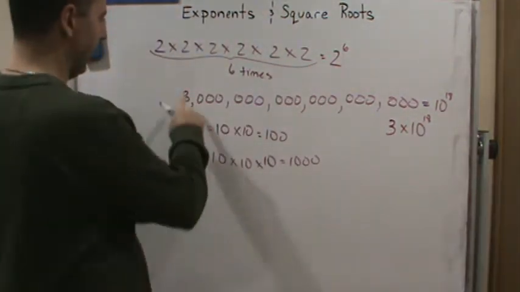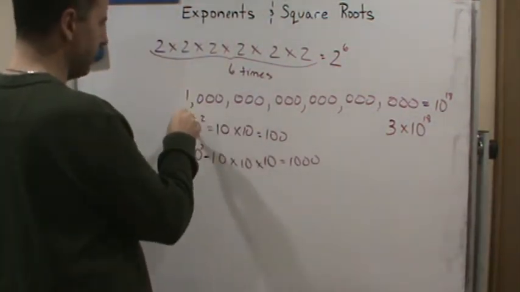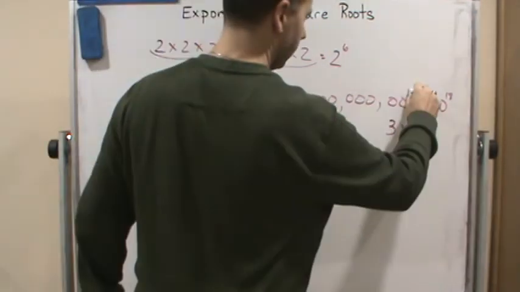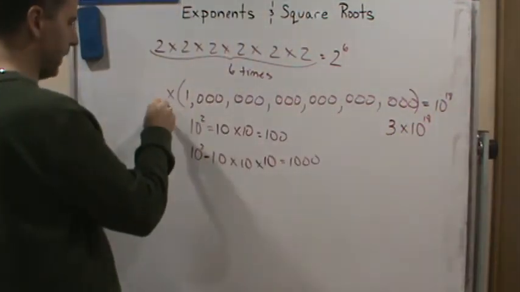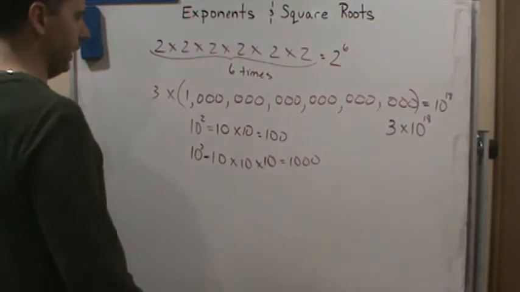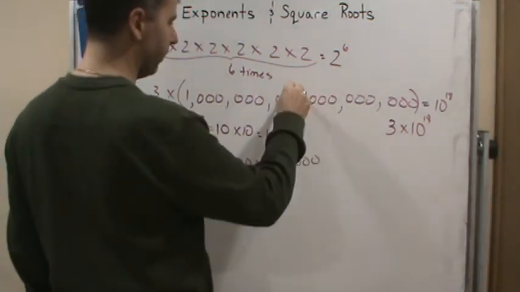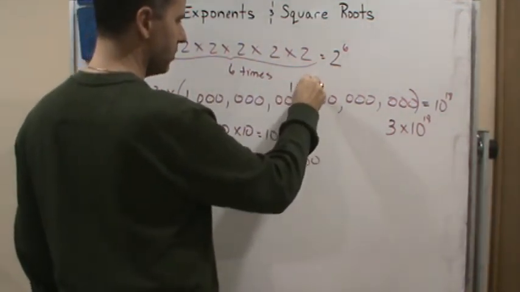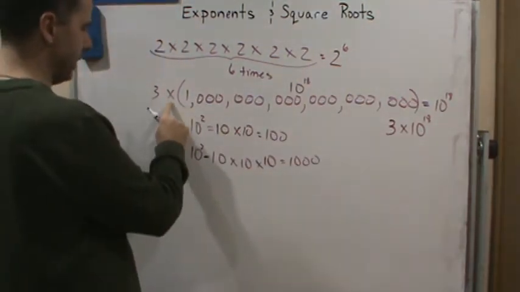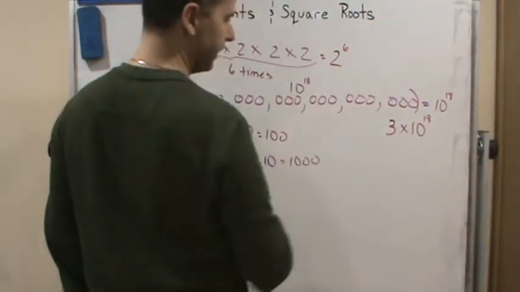Because what am I doing? I'm basically taking this number and multiplying it by 3. And so then this in here is just 10 to the 18th power. And so I get 3 times 10 to the 18th power.